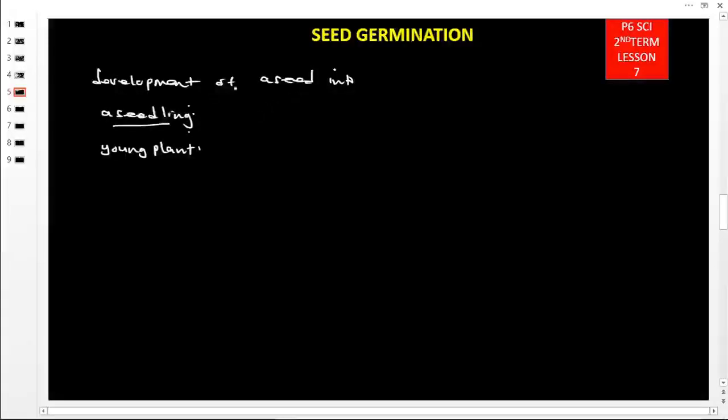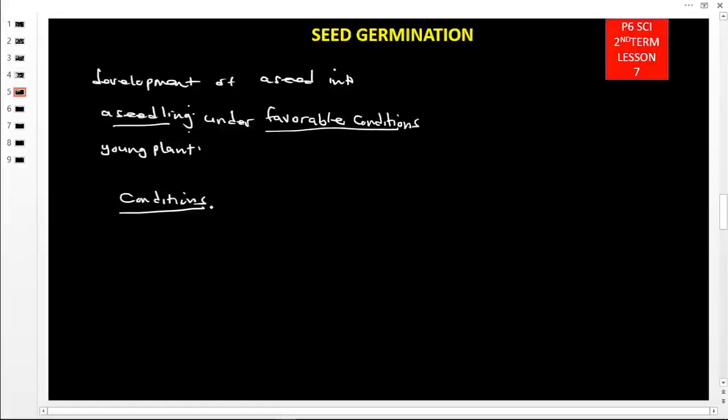But for these seeds to develop into seedlings, they have to get what we call favorable conditions. Therefore, germination is the development of a seed into a seedling under favorable conditions. Now, let us look at the things these seeds need in order to germinate very well. One, these seeds need oxygen.